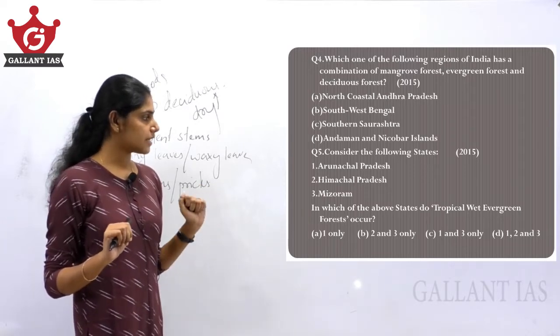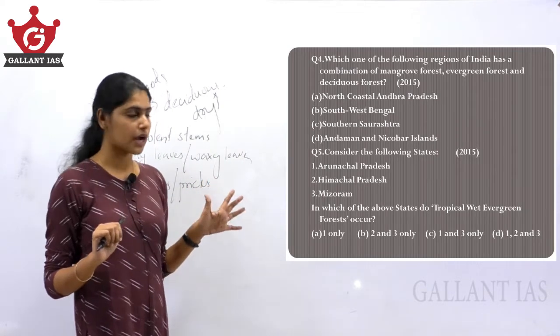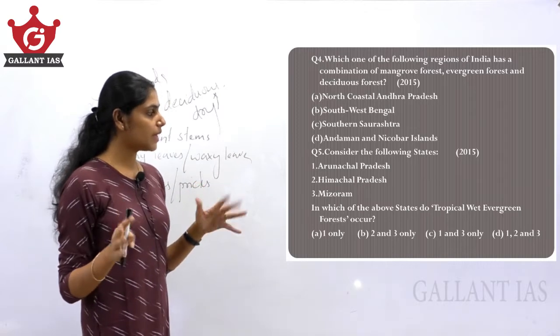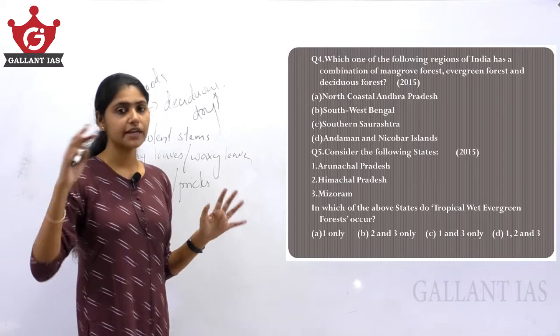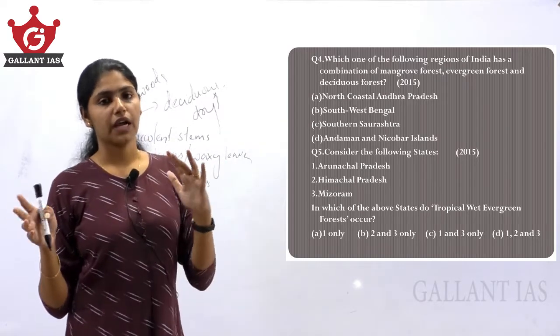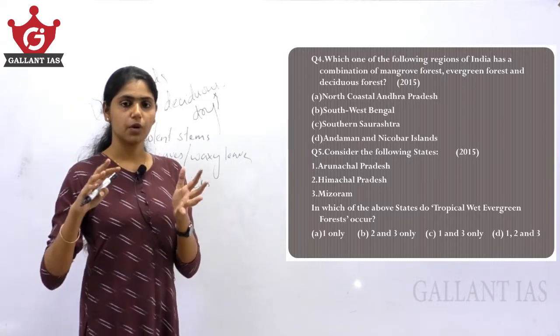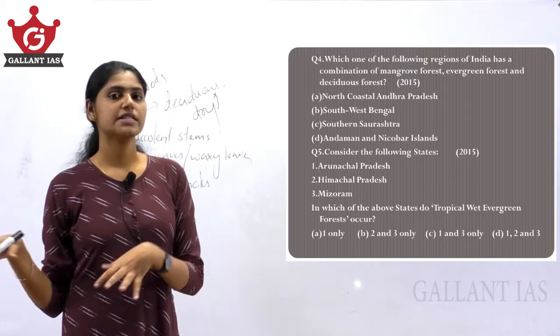Now the last question. Consider the following states: Arunachal Pradesh, Himachal Pradesh, Mizoram. In which of the above states do tropical wet evergreen forest occur? So it is asking about tropical wet evergreen. We know that the tropical evergreen forest or rainforest have been divided into tropical wet evergreen, tropical semi-evergreen as well as tropical dry.